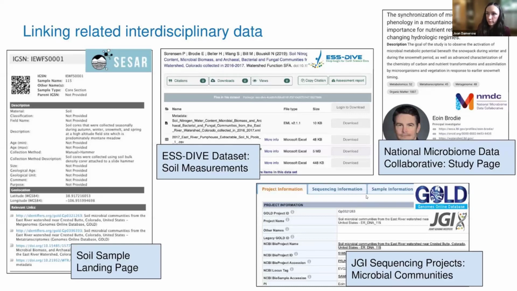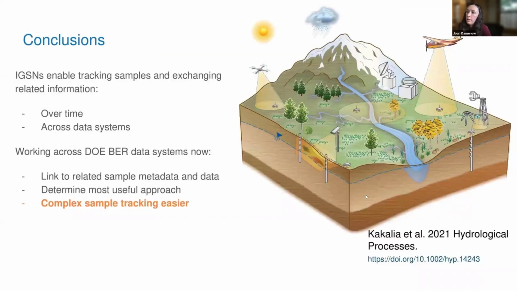Next slide. So again, these IGSNs can enable us to track samples and exchange related information over time and across different online data systems. And so we are working across these DOE data systems in biological and environmental research. And the purpose is to link related sample metadata and data.